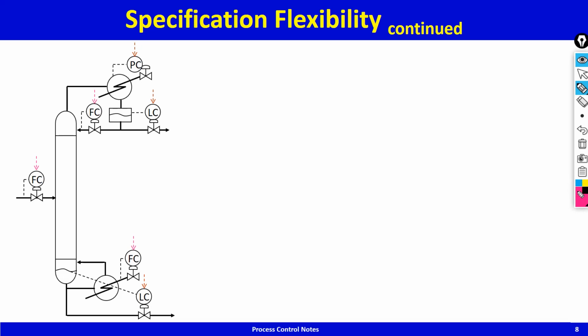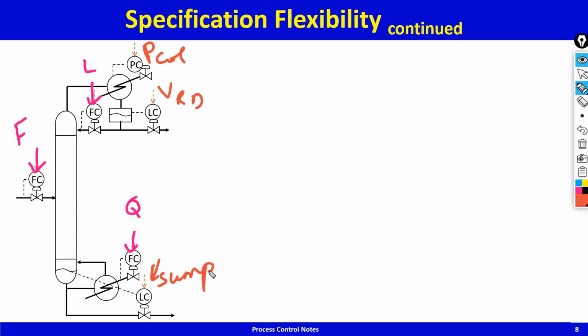We have feed flow, reflux flow, and Q. So F, L and Q, and then of course we are also specifying P call, PRD and V sump, but these are not things that affect a steady state, or for example P call set point cannot be adjusted, so we will not talk about that.